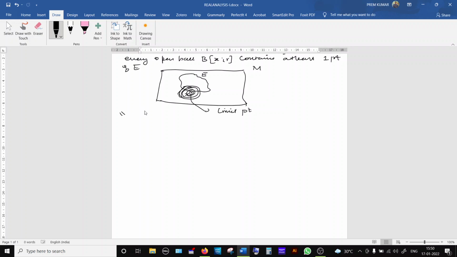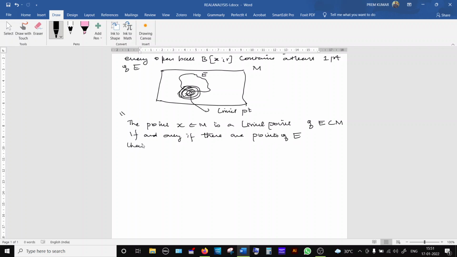The question will be like this also: the point X in M is a limit point of the set E if and only if there are points of E that are arbitrarily close to X.